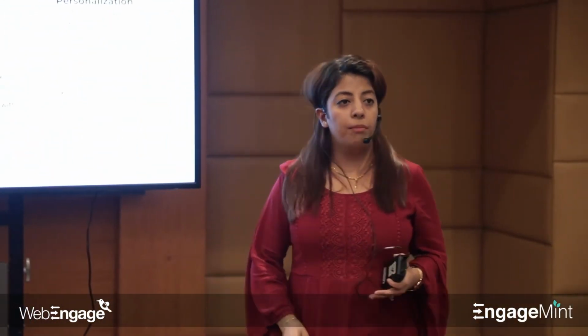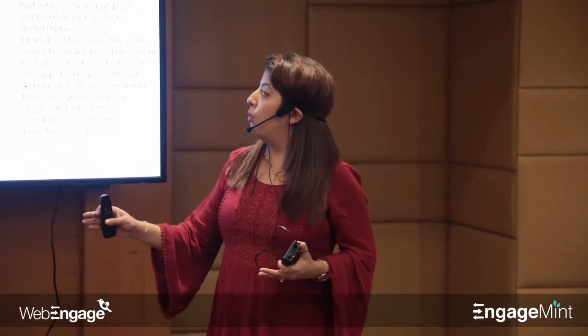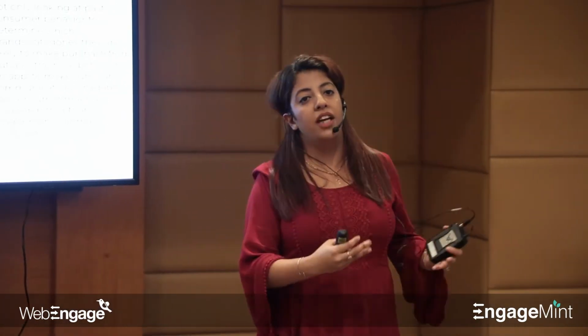If he has viewed brand 1 or brand 2, we're not showing him that brand. So we are making a cross junction of past behavior and live behavior to create hyper-personalization, which is individual to each and every user.